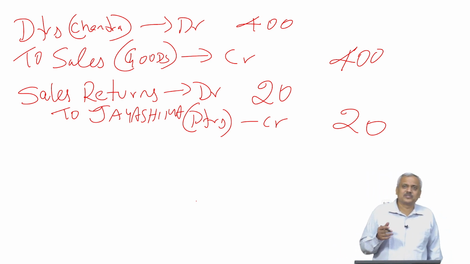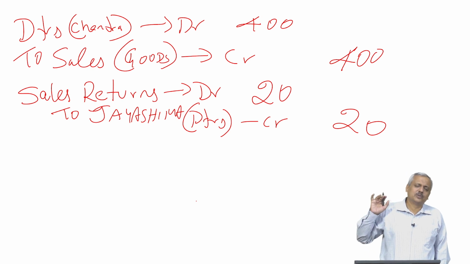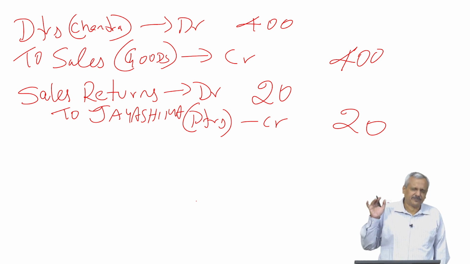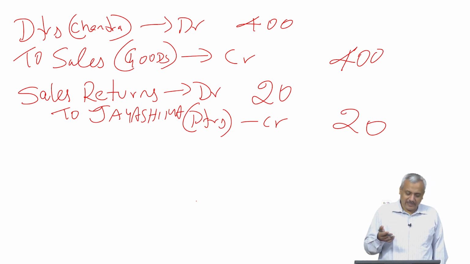When you are returning goods, what is happening? Goods are going out of your factory. Debit what comes in, credit what goes out. Goods are going out of the factory, but is it a sale? It is not a sale, because we can't write it as a sale.